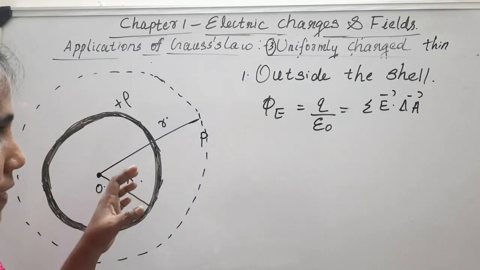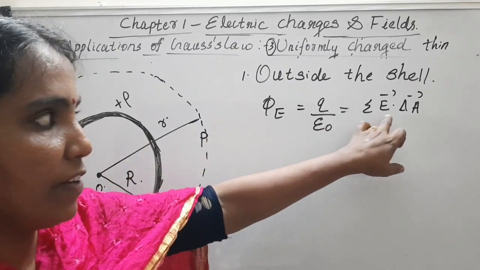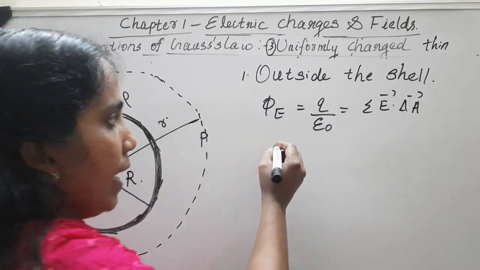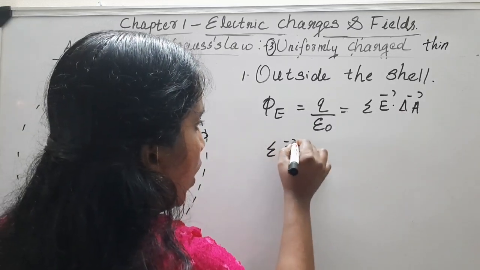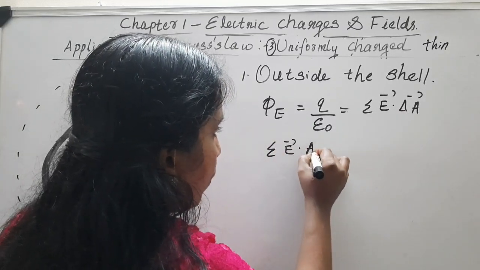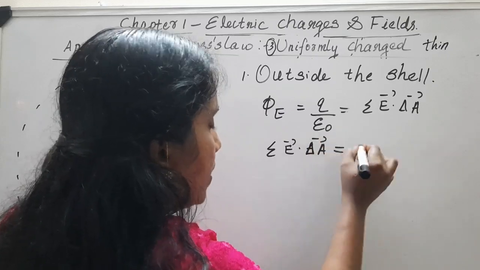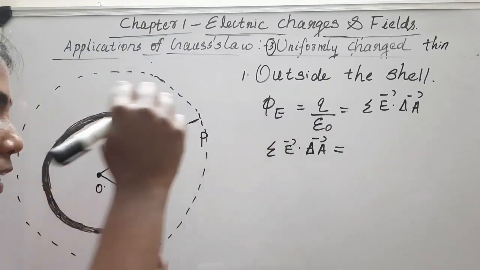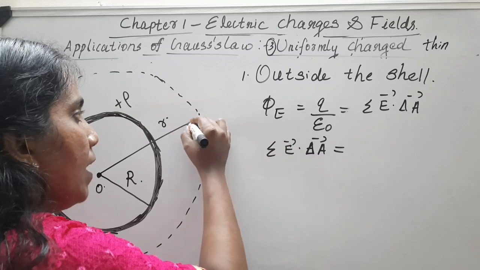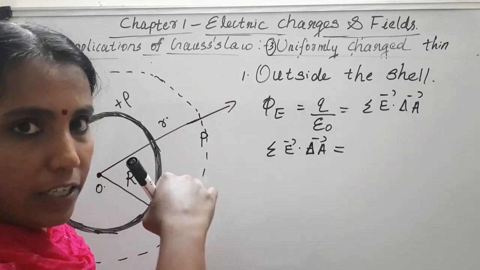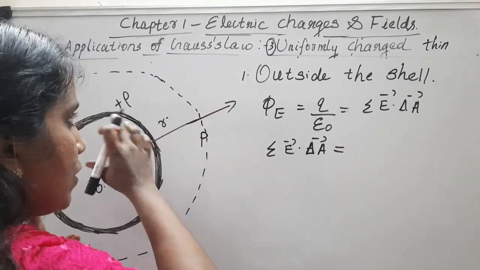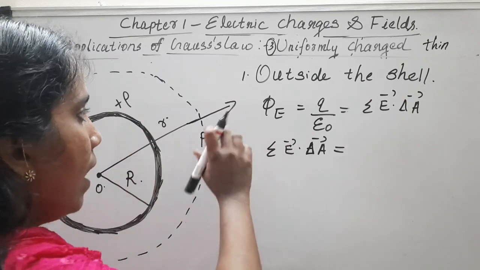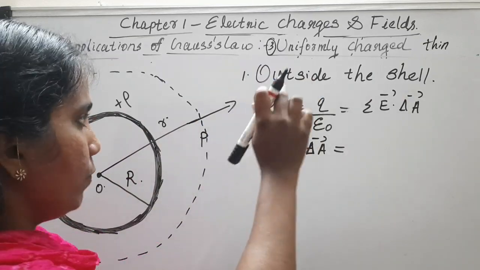So we have to start by finding summation E dot delta A first. At the point P, the electric field is in this direction, because we have assumed a positive charge distribution. So the electric field will be radially outward.